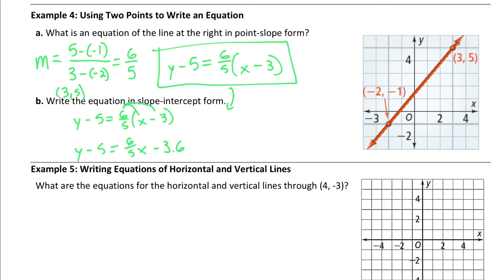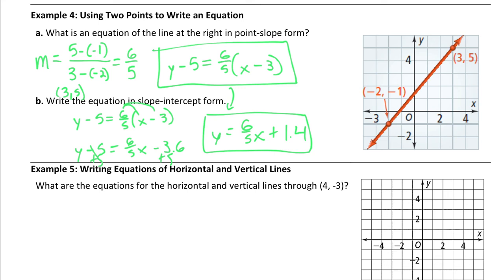So then all that's left to do to convert this to slope-intercept form is to add 5 to both sides. So it's y equals mx plus b. And I would be fine with you giving me that as your equation in slope-intercept form.